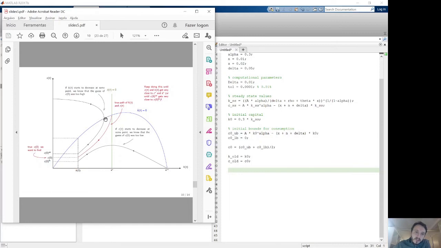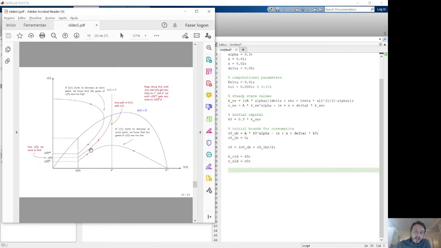So if this happens, MATLAB will stop simulating the paths, and we will update the upper bound of the interval to be the guess that we made. Okay. But if consumption starts decreasing, we will update the lower bound. Okay, that's two things that can happen.